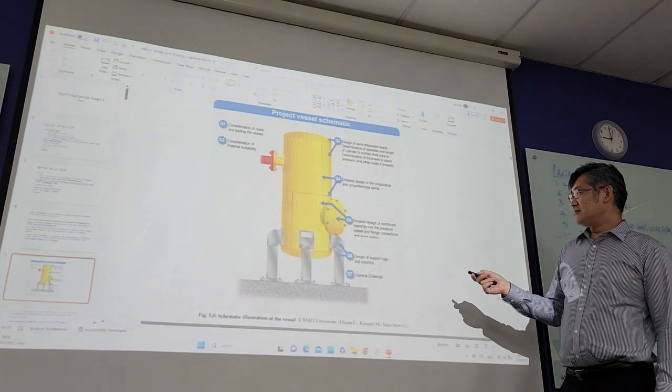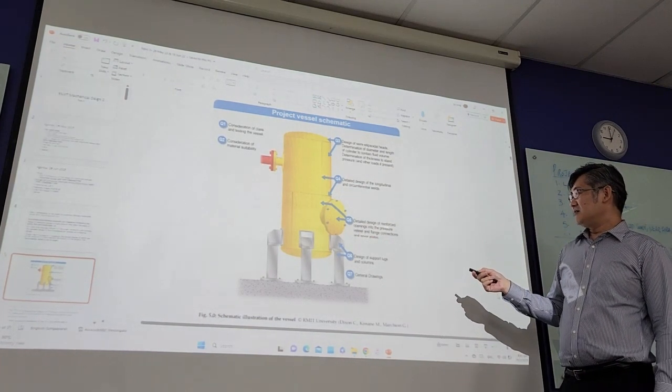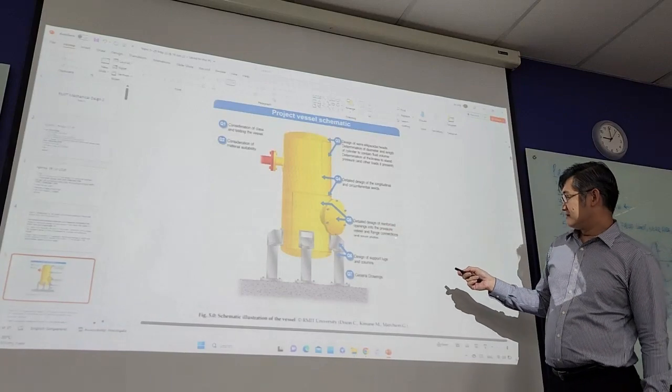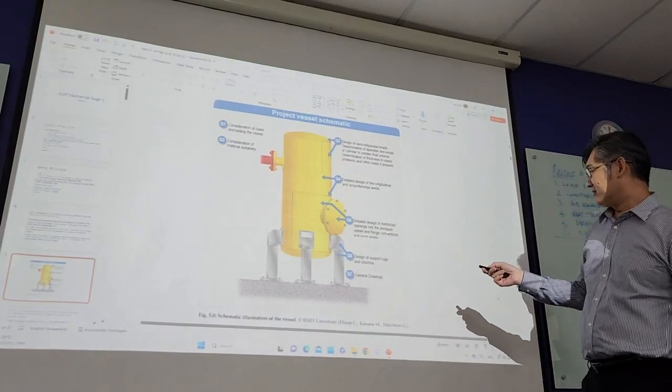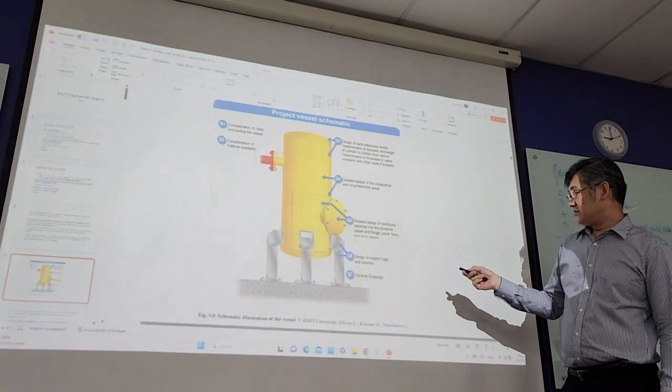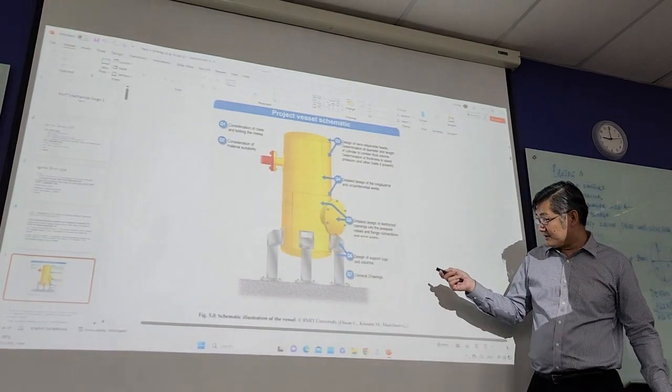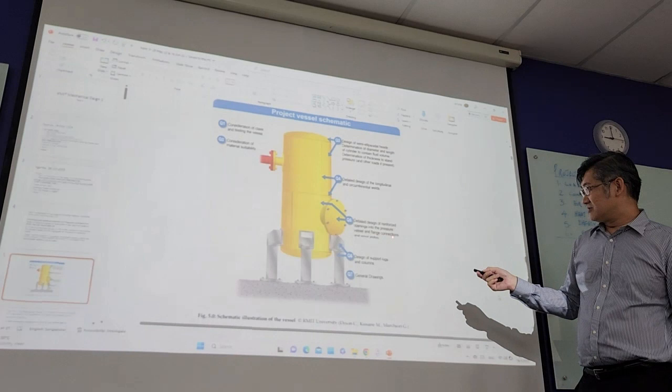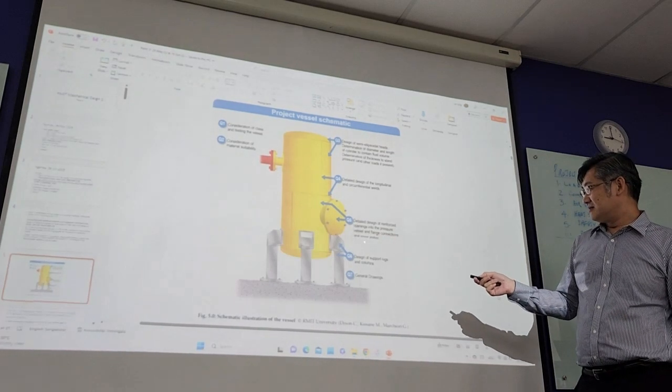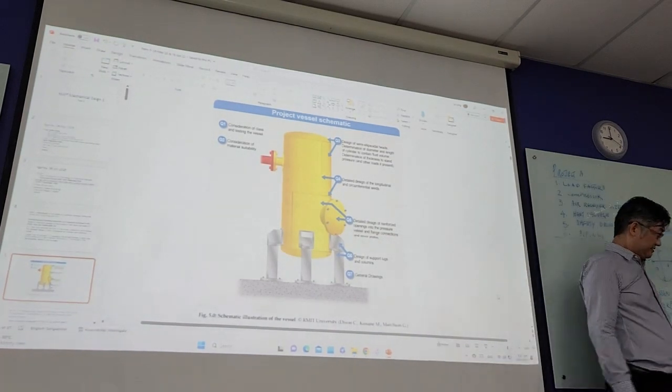Question 5, detailed design of reinforced openings into the pressure vessel and also flange, connectors and cover plate.